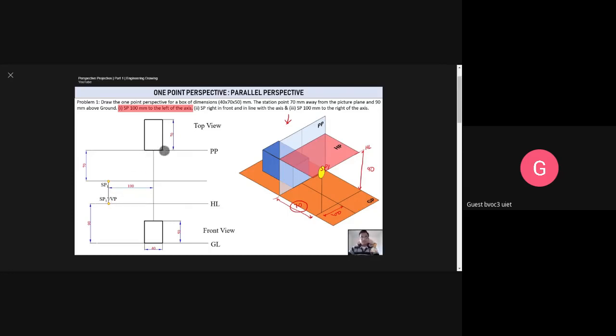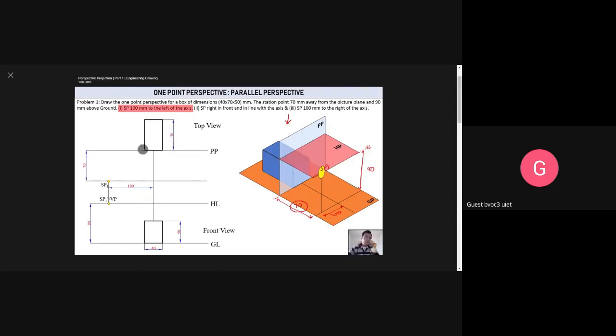Now what to do? This is the front face, this is the back face. This front face is in contact with the picture plane, that can be seen clearly, and this is the back face, 40 by 50 face. Now this front face is shown in its true shape and size, no problem, because it is sticking to the picture plane. But as you go further away, this sort of will reduce.